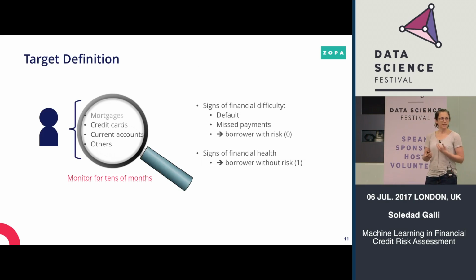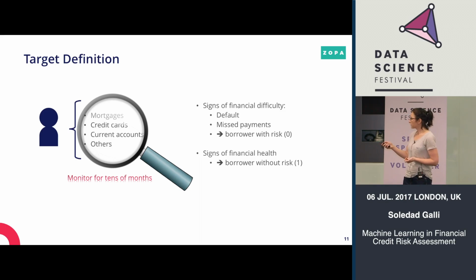For us, risk is understanding whether our borrowers are in a financially difficult situation or if they are in a healthy financial situation. So what we do is we look at their financial items. So we look at the mortgages, the credit cards, the current accounts, and other financial items that each of our borrowers may have. And we look for signs of financial difficulty.